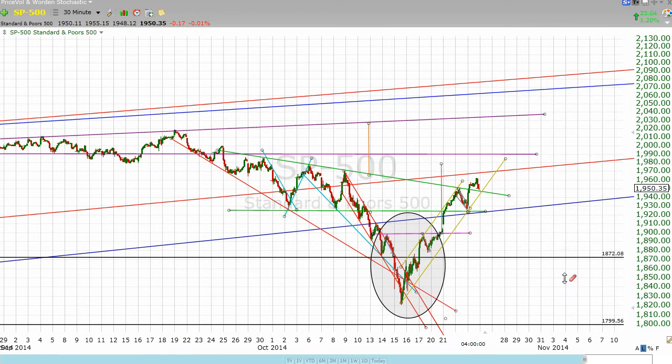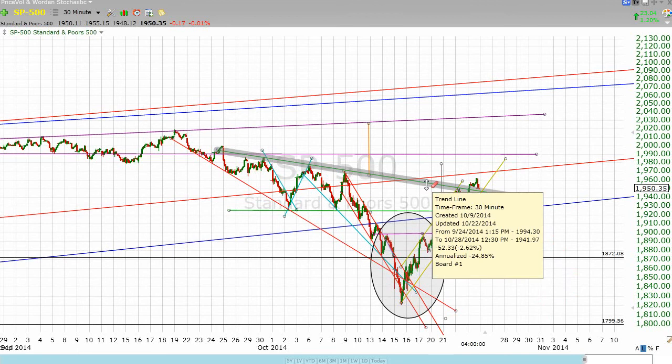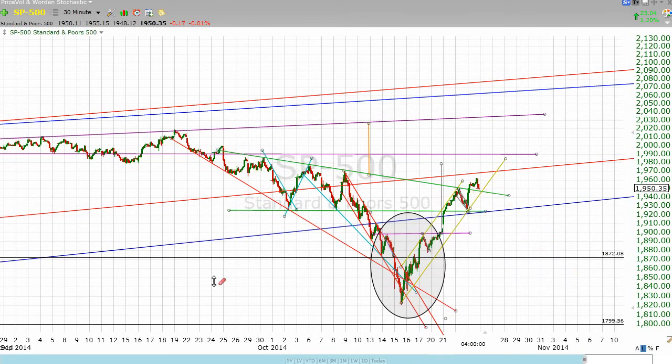Now, I mentioned that we might be forming an even larger inverted head and shoulders. And you might be looking at this and you're saying, hey, yeah, there's our neckline. Well, I'm not quite ready to proclaim this as a neckline. And here's why. We are still on the rally side of the head. Okay?